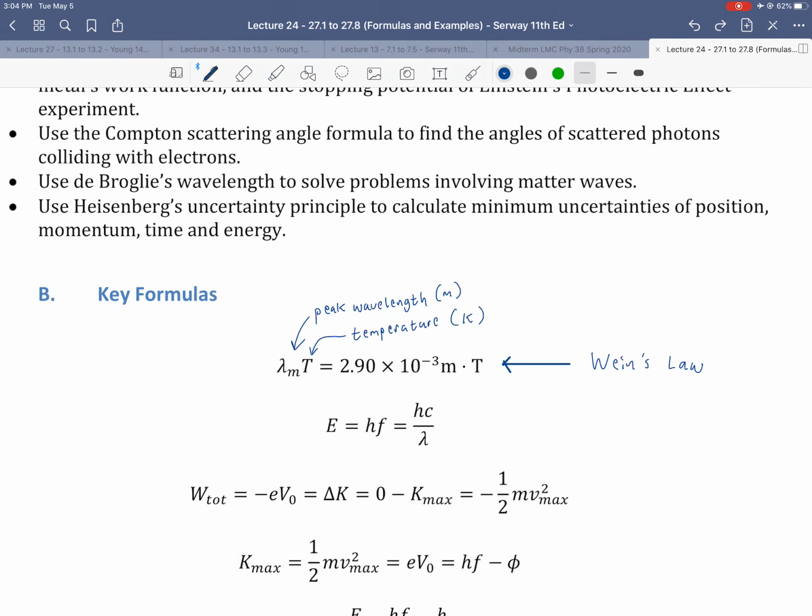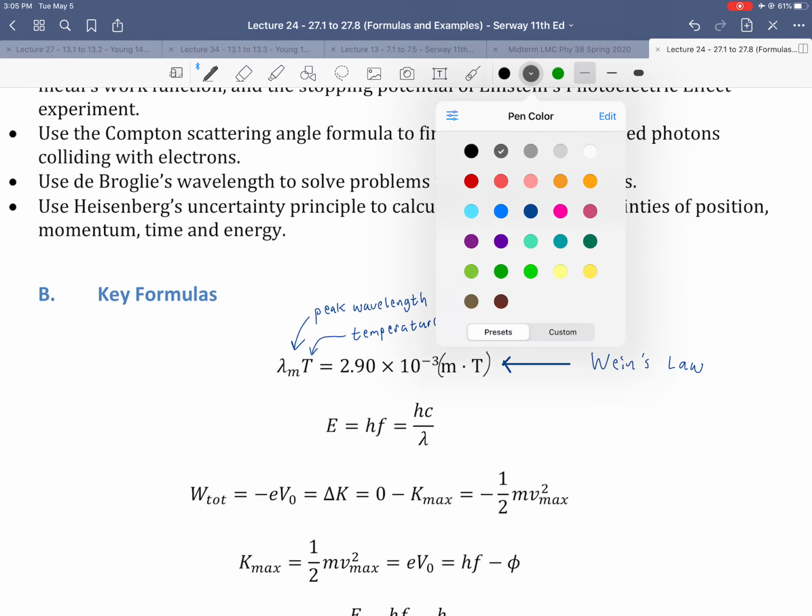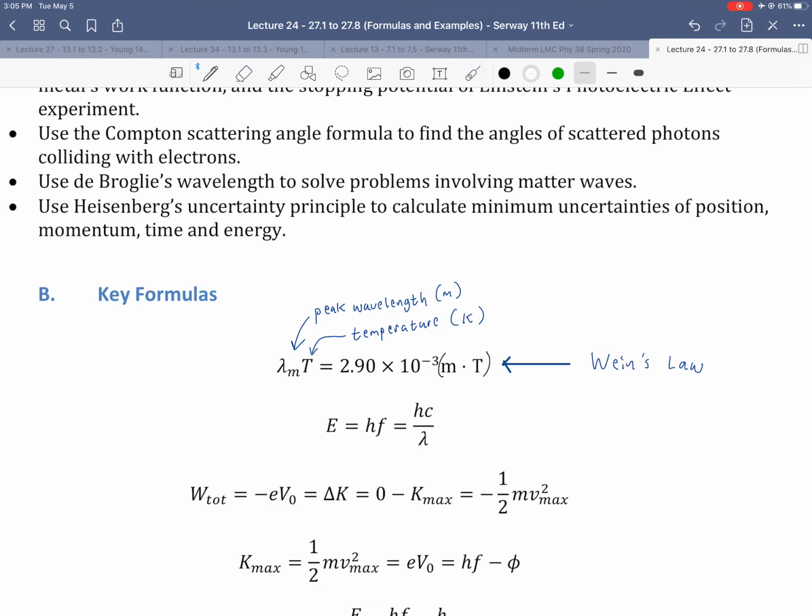I do have a small typo here because these are not meant to be variables, so I'm going to clarify that a little bit. I caught a lot of typos, but this one slipped through. This shouldn't be the variable T, but should actually be the unit of temperature, which is the Kelvin.